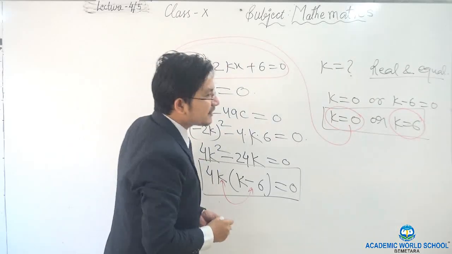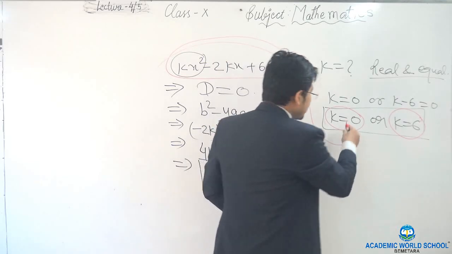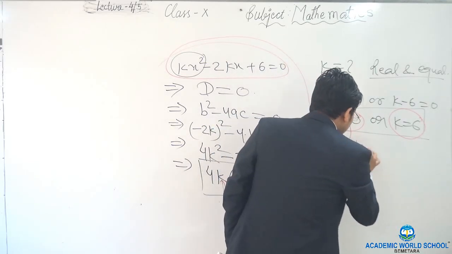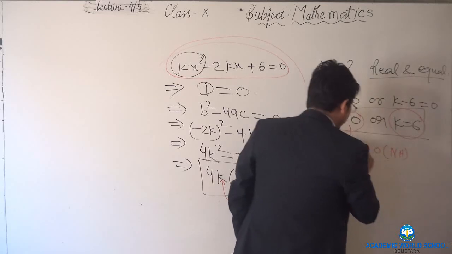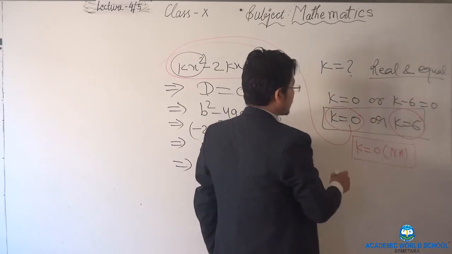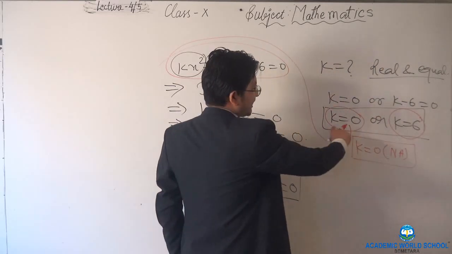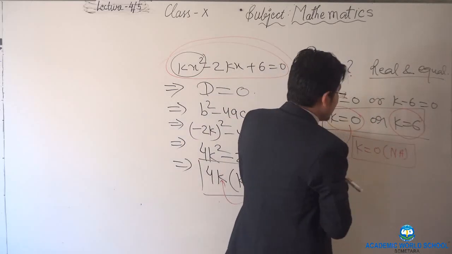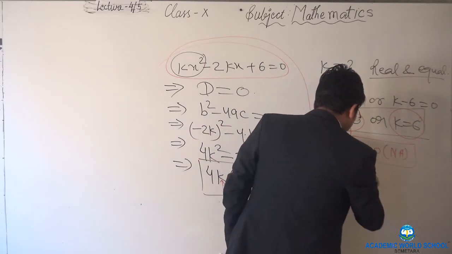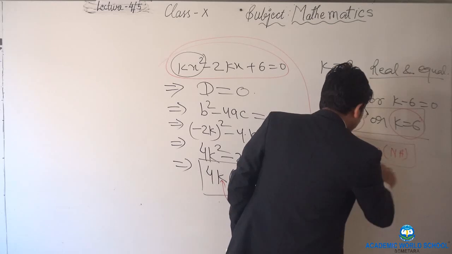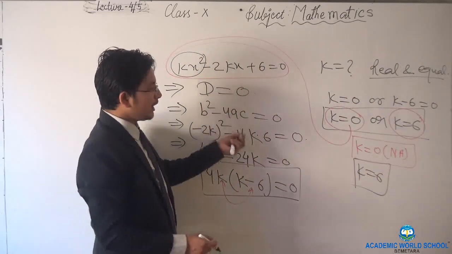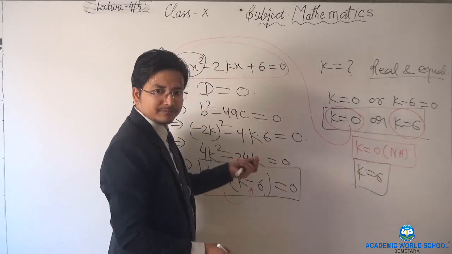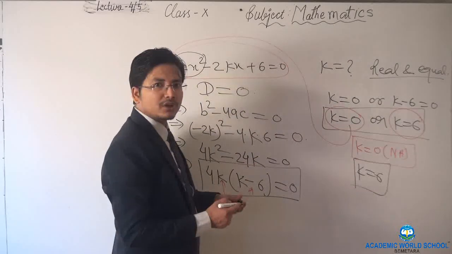Because of this particular reason, k equal to 0 is not acceptable for this case. So k is equal to 0 is not applicable. Therefore the answer is k is equal to 6. So in this way we have to solve the problem.